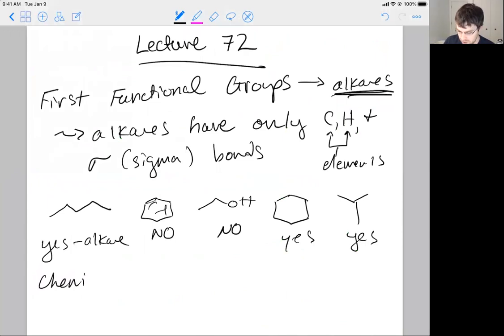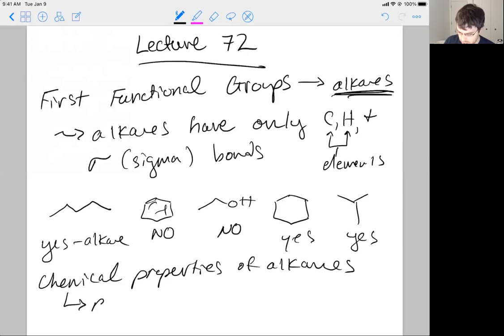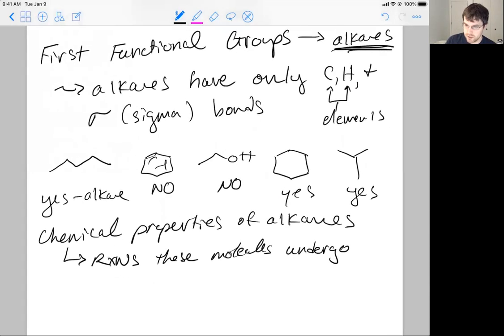The chemical properties and the chemical reactions are mostly relegated to combustion-like processes. When I say the chemical properties of a functional group, I'm talking about the reactions these molecules undergo, and it's mostly combustion.